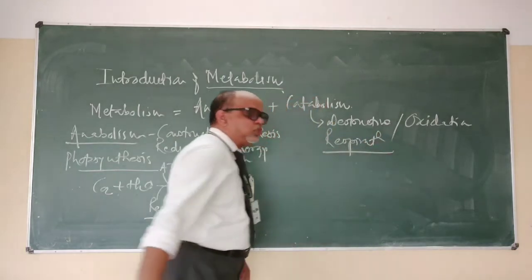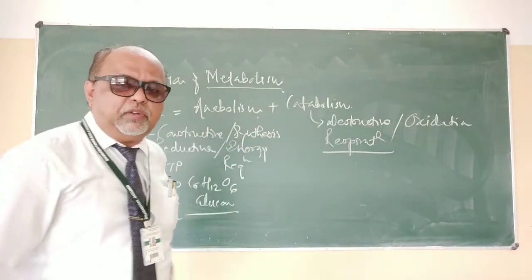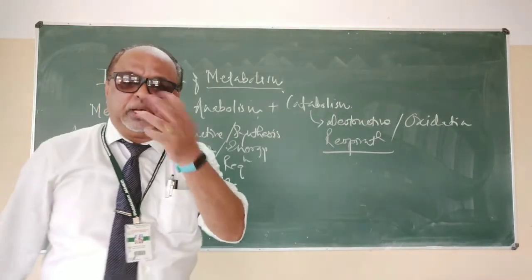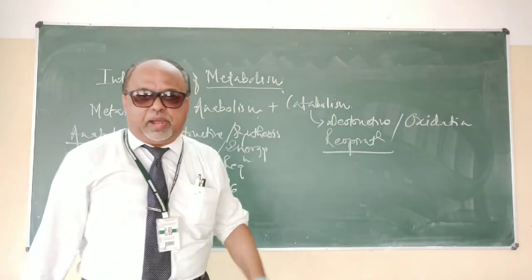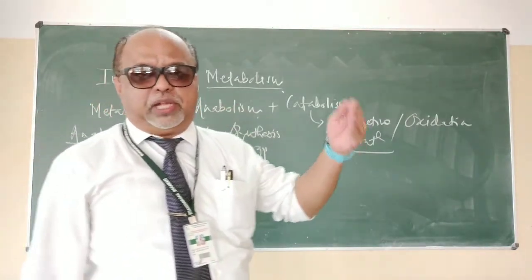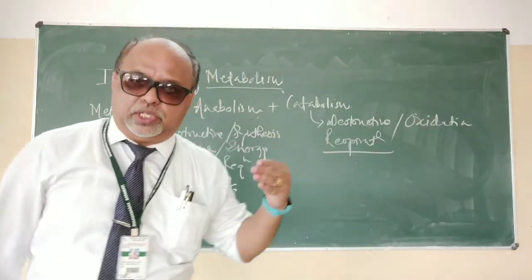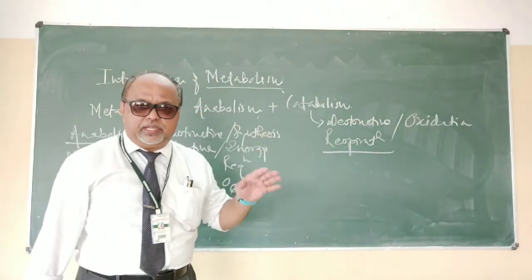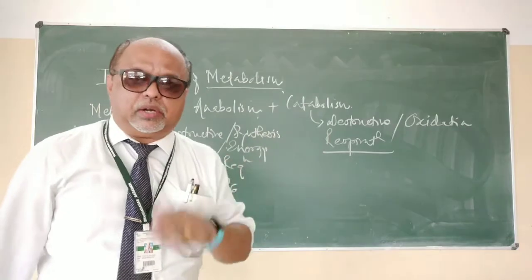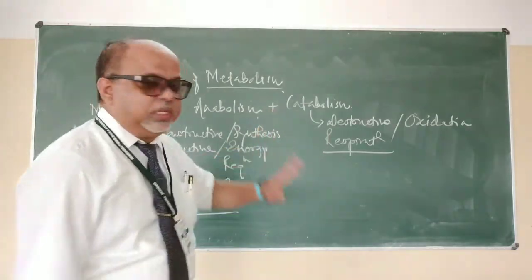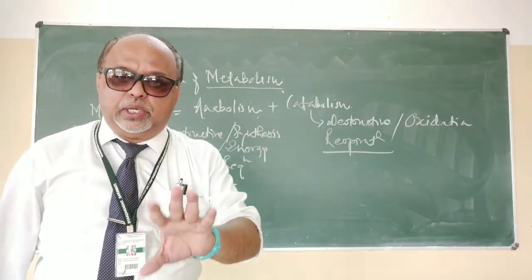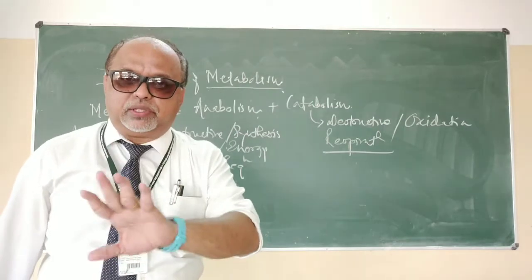Through the process of respiration, when we consume glucose, by the involvement of pathways like glycolysis, the TCA cycle, and the electron transport chain, this glucose is catabolized into simpler compounds like carbon dioxide and water.